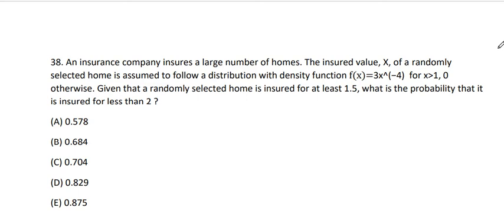Okay, so there's a problem that says the insured value x follows a distribution with this density function.